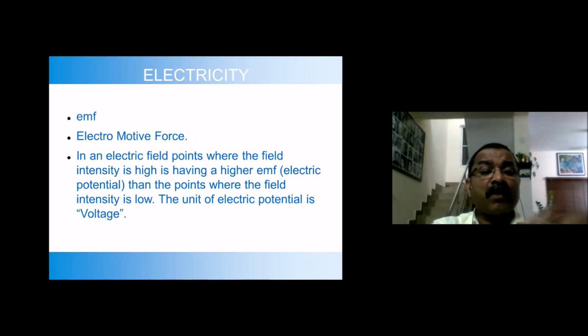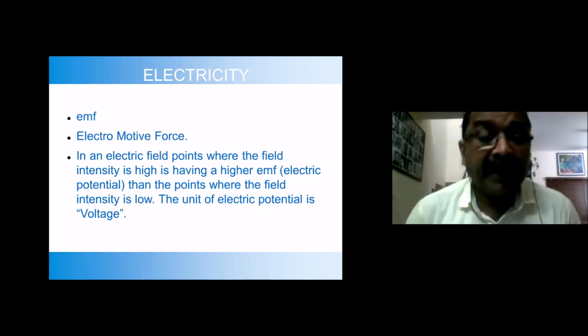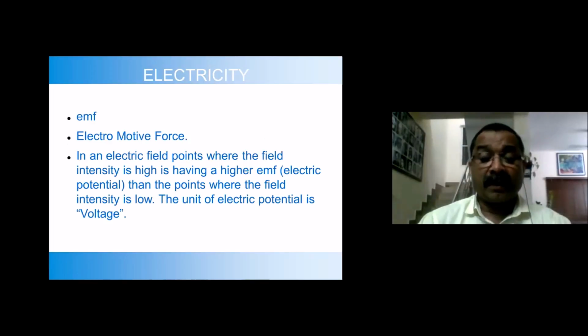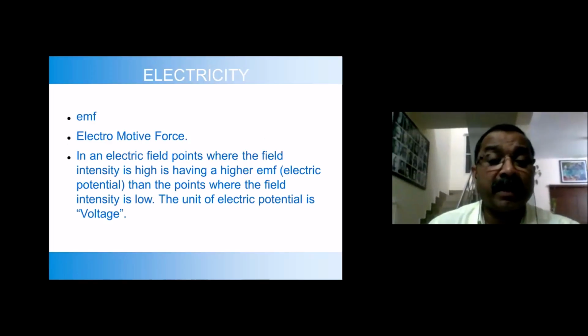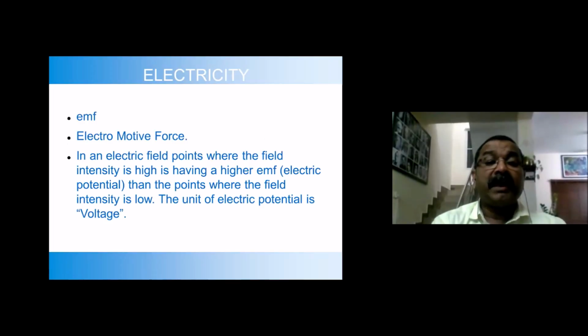Then we will move over to EMF, or electromotive force. We can say that in an electric field, points where the field intensity is high have a higher EMF than points where the field intensity is low.